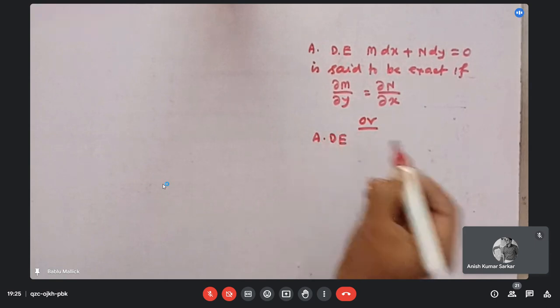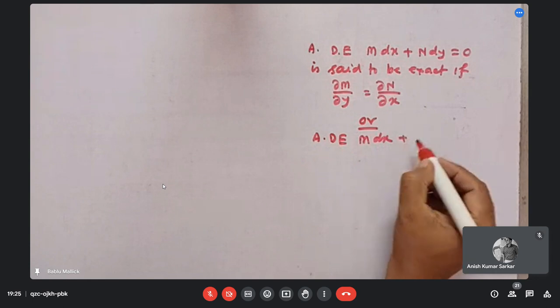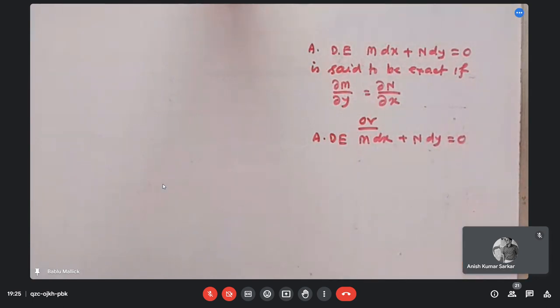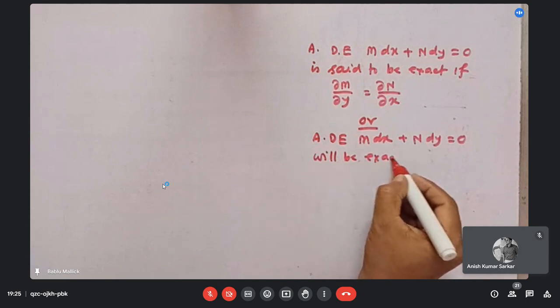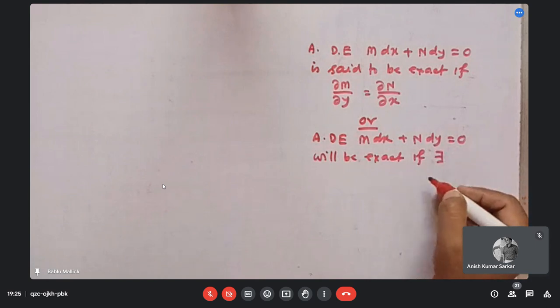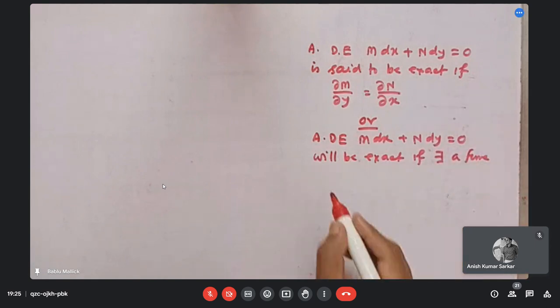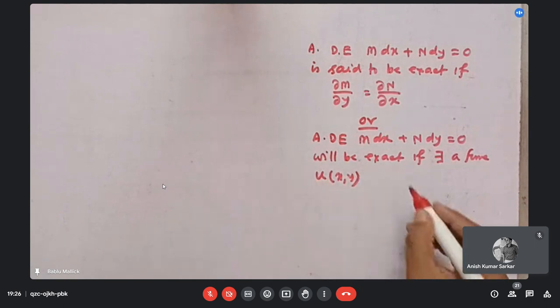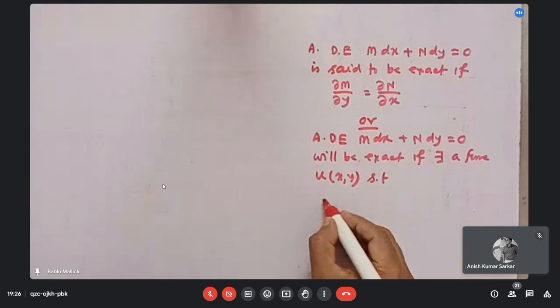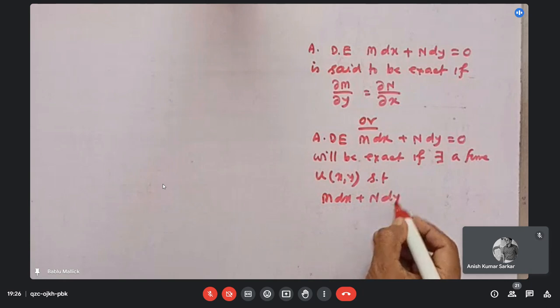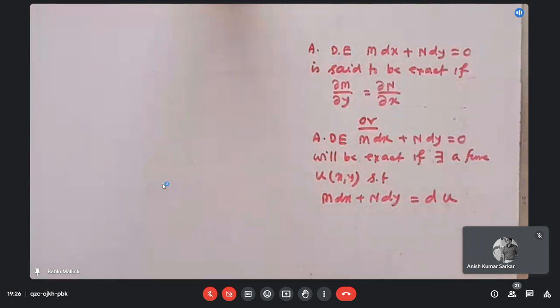A differential equation M dx plus N dy is equal to 0 will be exact if there exists a function u of x comma y such that M dx plus N dy is equal to d of u, some derivative of u. So note it.